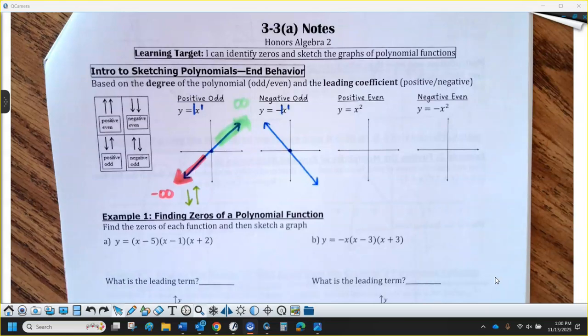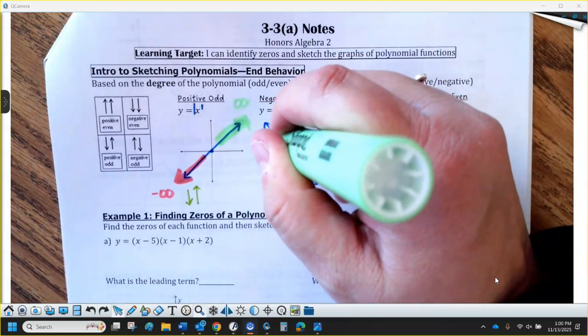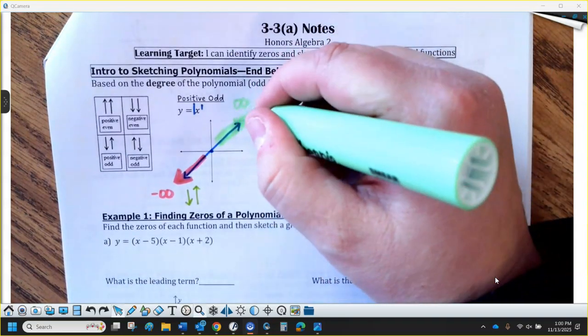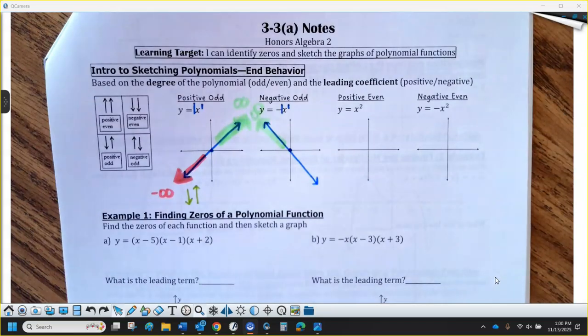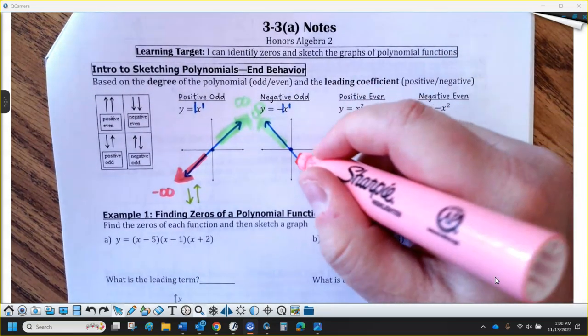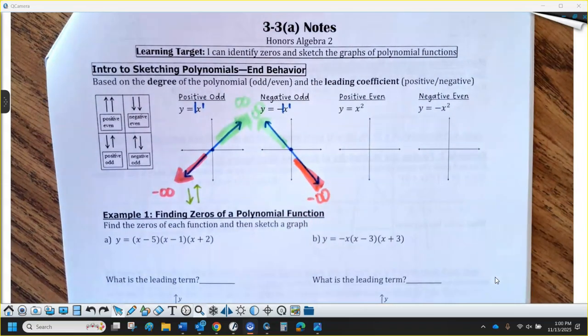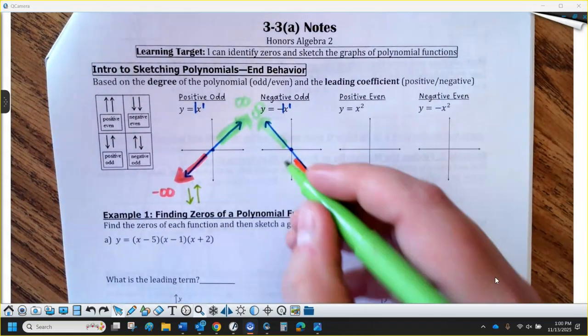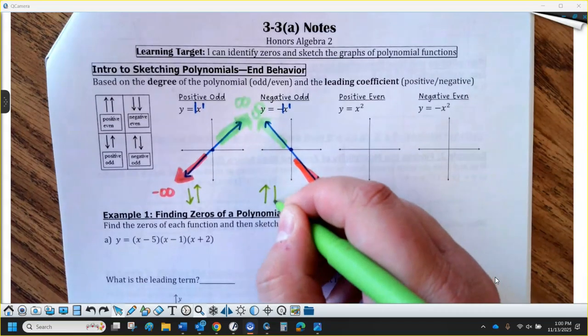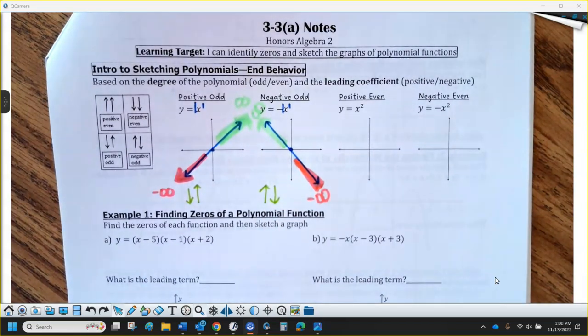And you'll see the end behavior here is reversed. So on this one, the far left goes to positive infinity, and the far right, the end goes to negative infinity. So this end behavior, this goes up at the beginning of the graph and down at the end of the graph.